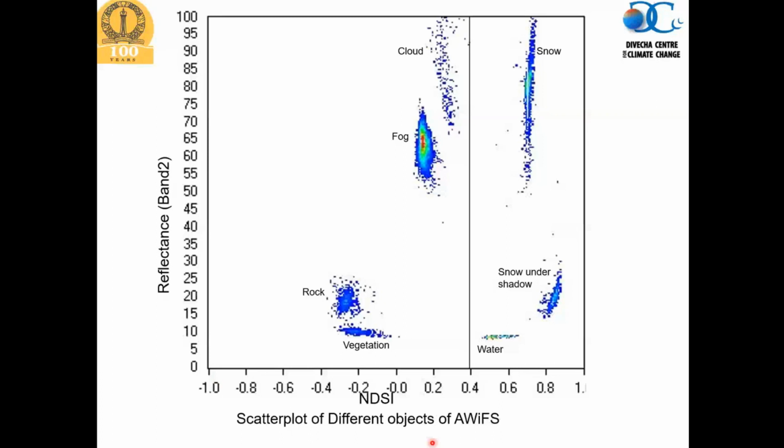But having done that, there are two important questions. Why select 0.4? Why not 0.5? Why not 0.3? And another question is what you do with the water, because you still identify water as snow in this algorithm. So this is very important for us to understand, and we will dwell on this issue in the next couple of minutes.